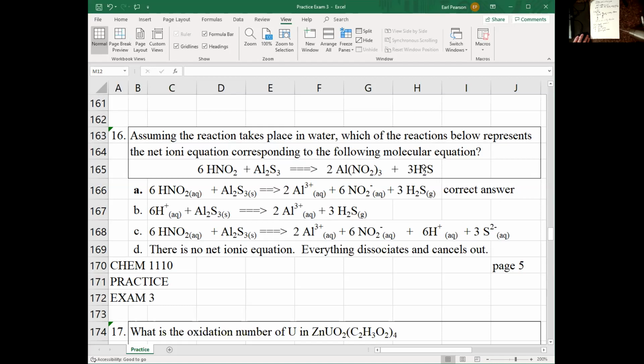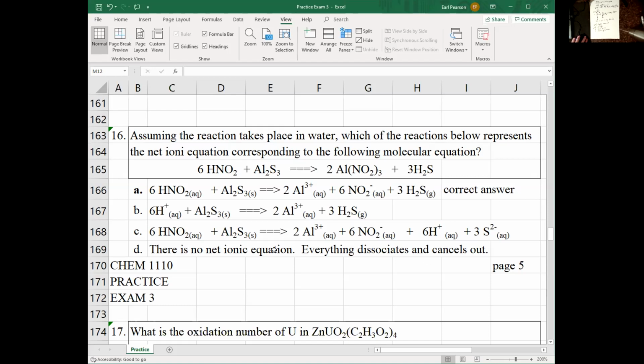What about H2S? Does it separate or not? That's going to distinguish these 2. It's an acid, H2S. Is it HCl, HBr, HI, HNO3, H2SO4, or HClO4? No, it's not. It does not separate. This is correct. This is not.